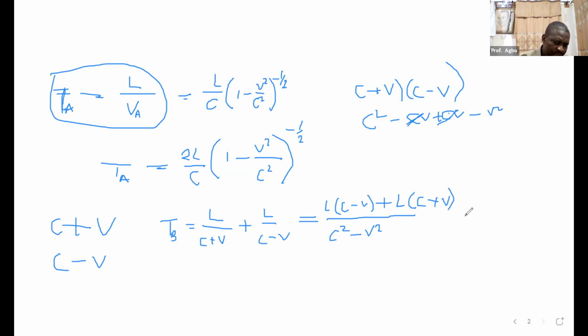So when we do that, we open up this and this. This is LC minus LV, this is LC plus LV. And what we are going to have will be 2LC.